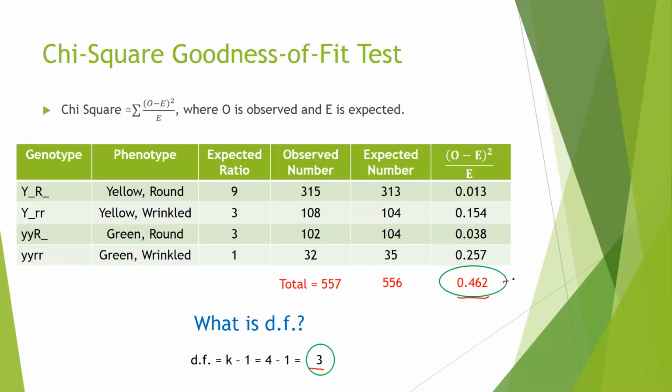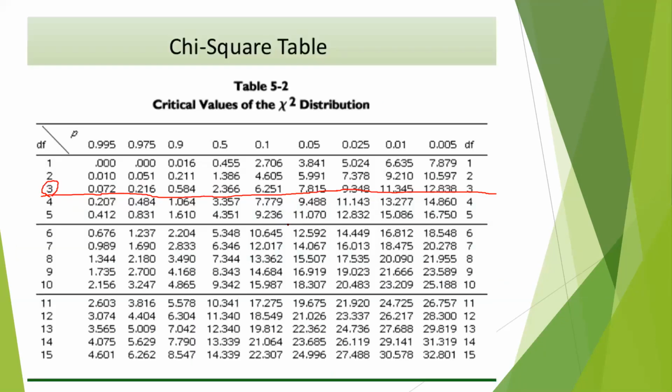This is the calculated chi-square statistic. In this table, you need to find the numbers closest to the number you calculated from your data. These 2 numbers are very close to that number, which means your number is somewhere between these 2 numbers, and your p-value should be something between 0.9 and 0.975.